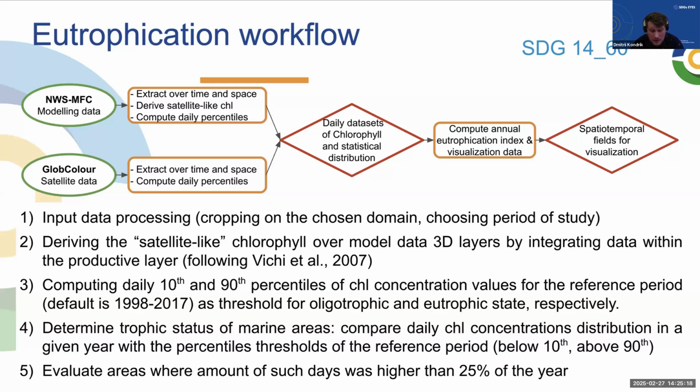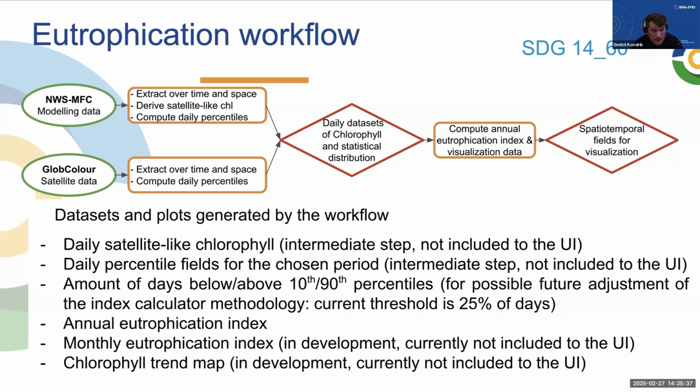And finally, for the amount of days higher than 25% of the year, we conclude that this state is eutrophic for the values higher than the 90th percentile and oligotrophic for the values below the 10th percentile.